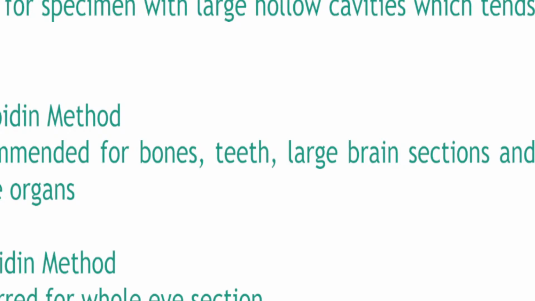Like bone samples, 'di ba? I-decalcify mo 'yon tapos tatanggalin, tapos magiging fragile siya, 'di ba? At saka marami din yung butas na malalaki. What else? I suppose brain tissue. No, not brain tissue. Brain tissue is usually frozen sections.